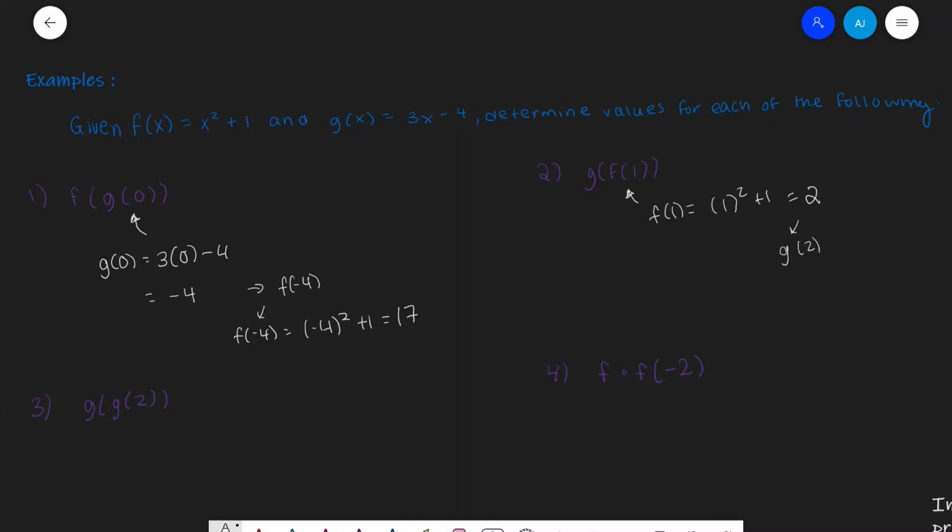So just like the first calculation, we're just going to have to calculate what g of 2 is. So we'll substitute 2 for x. So that would equal 3 times 2 minus 4, which equals 2. So now we know that g of f of 1 is equal to 2.